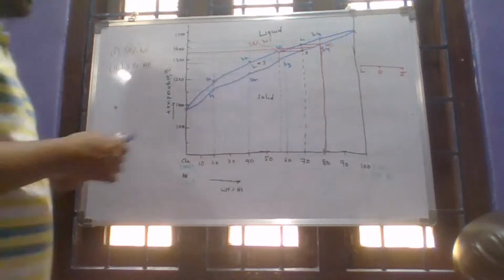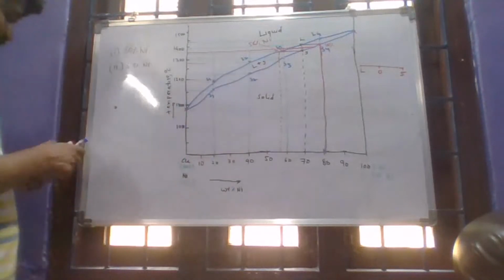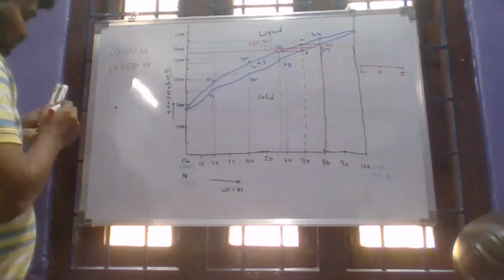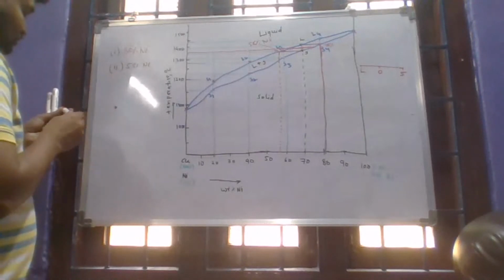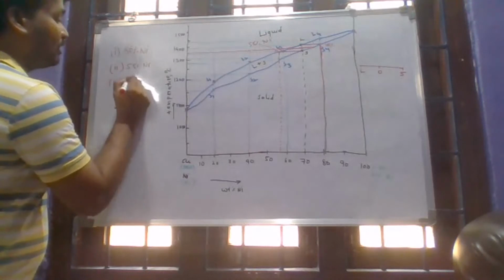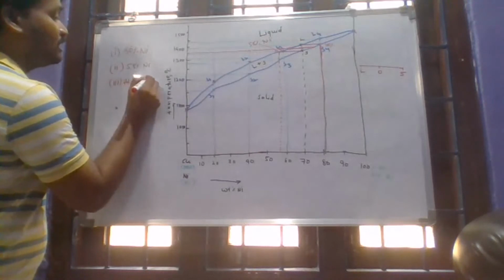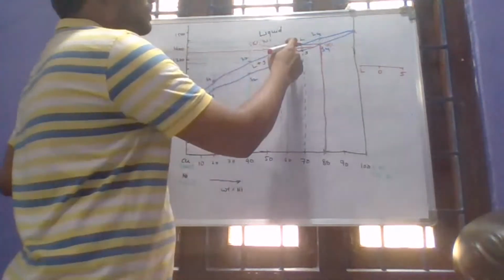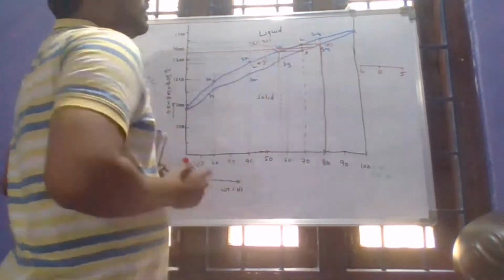At 1360 degrees centigrade, we have drawn a line intersecting the liquidus line at this point and the solidus line at this point.